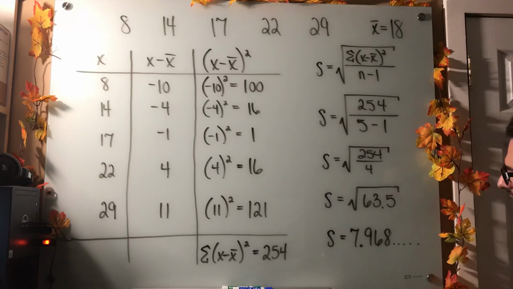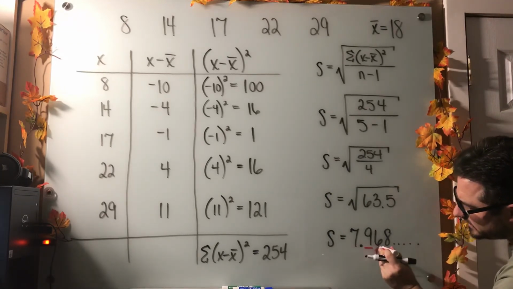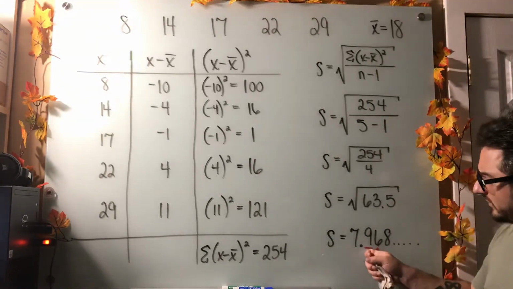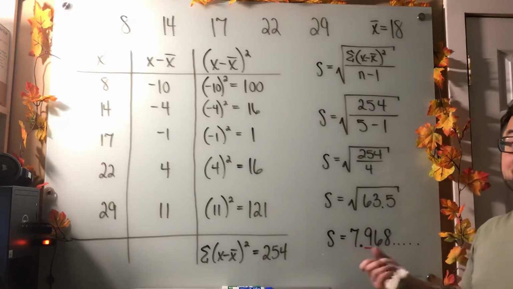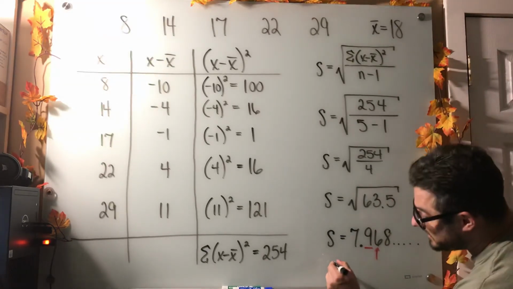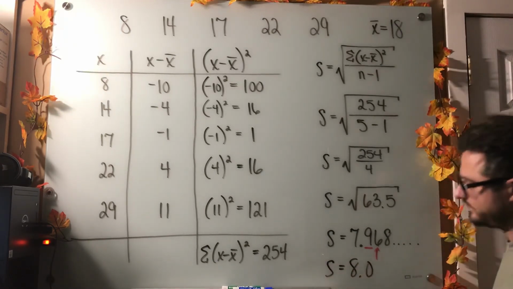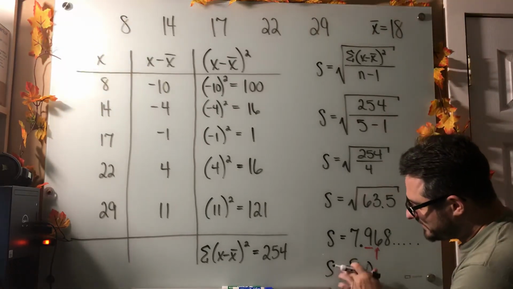Now, if we round it to 1 decimal place, the 6 here tells us to round up. So we're already at 7.9. If we go up to 7.10, that actually becomes 8. Well, excuse me, not equals, approximately.